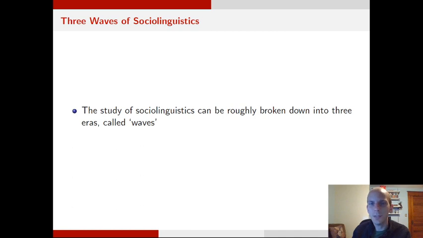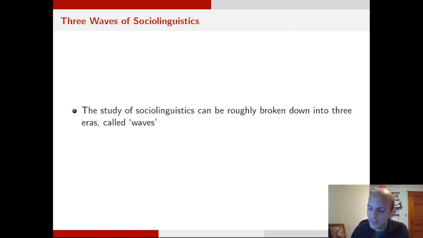The people that were doing that groundbreaking work that we're going to be looking at some of today, people like Bill Labov, they're still alive and active today. That's all within a single human life. So it's quite recent. And over time, there's been quite a bit of change in how sociolinguistics was done.